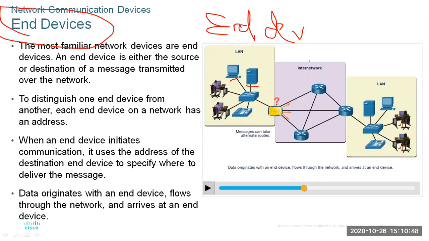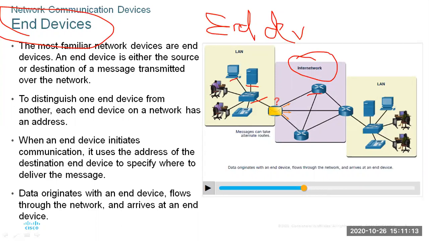The other one is the intermediary devices. The intermediary devices are the devices that do traffic control, that determine how the traffic is moved, how the traffic is shaped, and things like that. This includes your switches and your routers. They are intermediary devices.